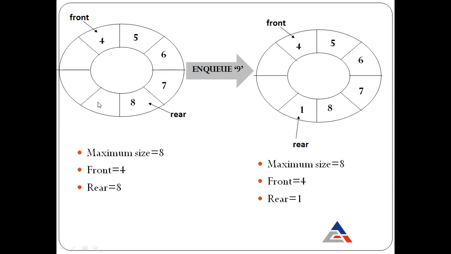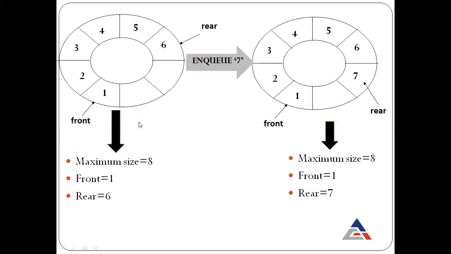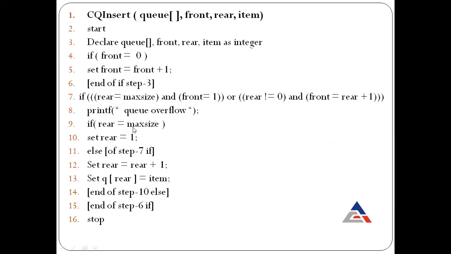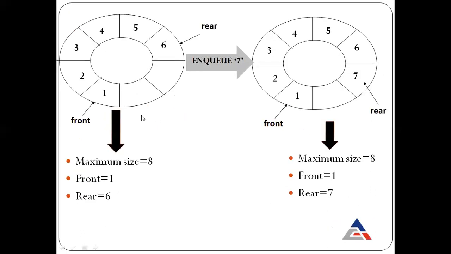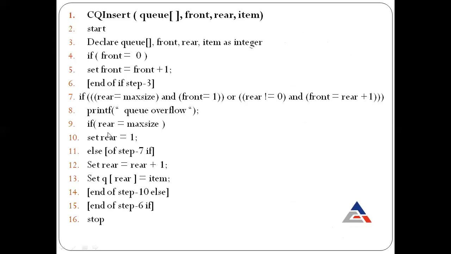If rear is equal to maximum size, I want to insert one more element because 3 locations are empty over here, and this location is location number 1. This is 2. This is 3. If I want to add one more element over here, when the rear value is maximum size, then I set rear is equal to 1. So you can check over here. If rear is equal to maximum size, over here rear is maximum size 8, and I want to add some more element in it, then I set rear is equal to 1.